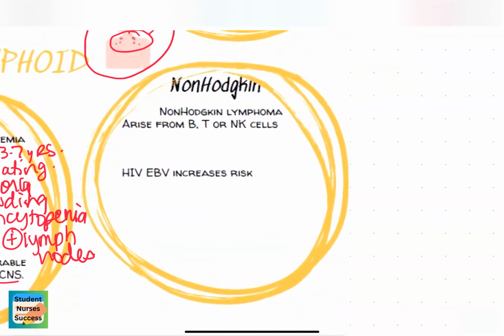Our last one we're going to talk about is non-Hodgkin's lymphoma. Non-Hodgkin's lymphoma arises from B cells, T cells, or NK cells. Unfortunately, survival for non-Hodgkin's is not as good as Hodgkin's. And the reason being for this is often non-Hodgkin's has often already spread by the time we identify it.